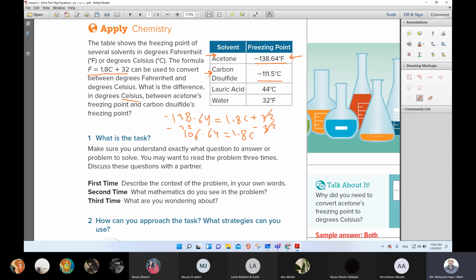Then to continue to solve this equation, try to remove the coefficient 1.8, so you can divide the two sides by 1.8.